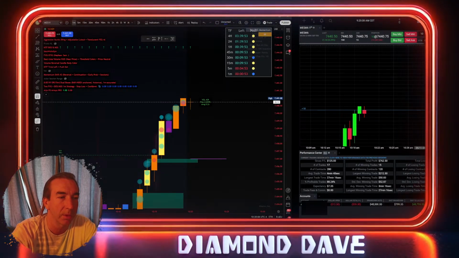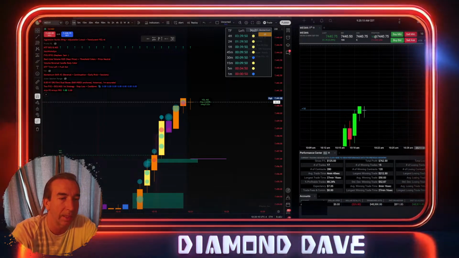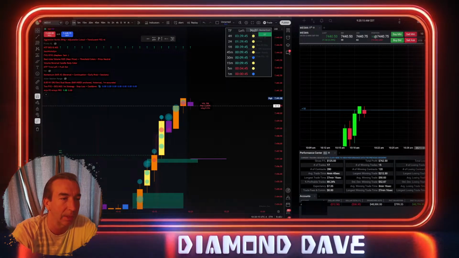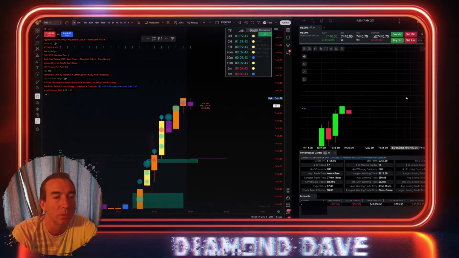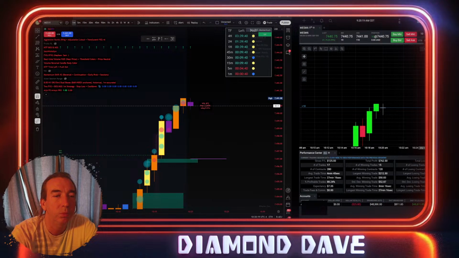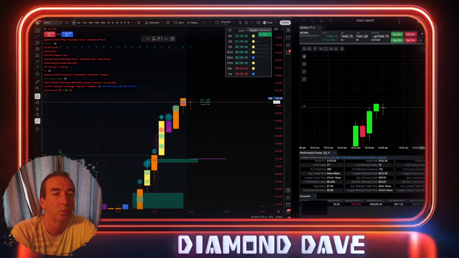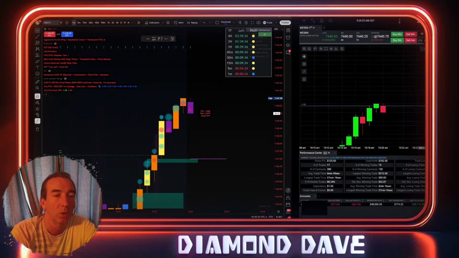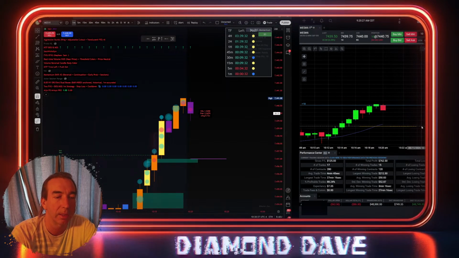No wicks on top though. The likelihood of it going down without any wick on top is, I feel like, not very likely. I still got my entry down here. That's a double down.